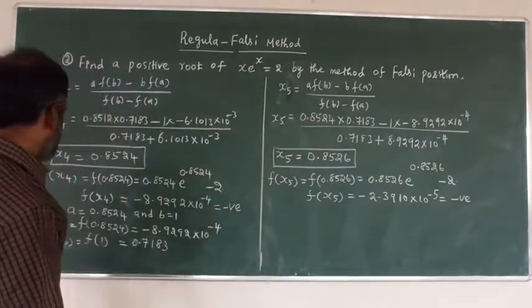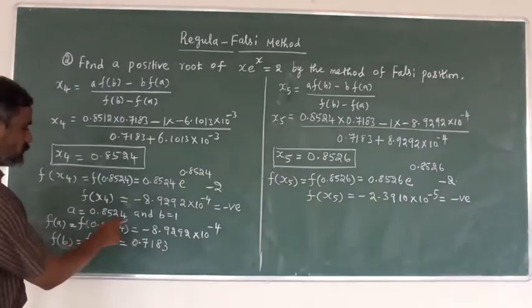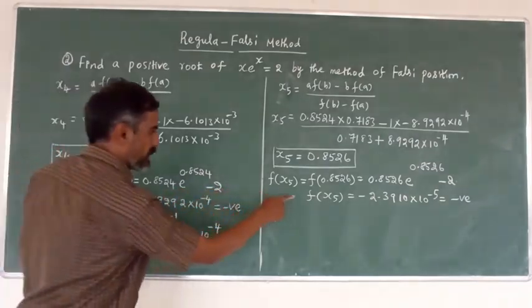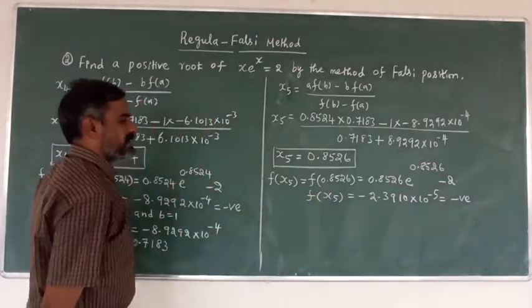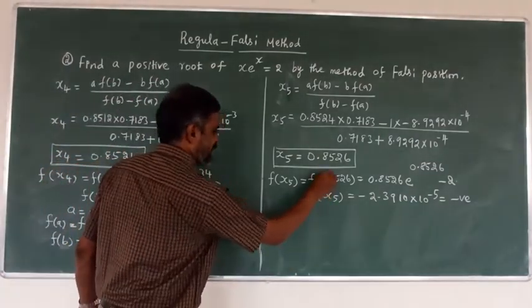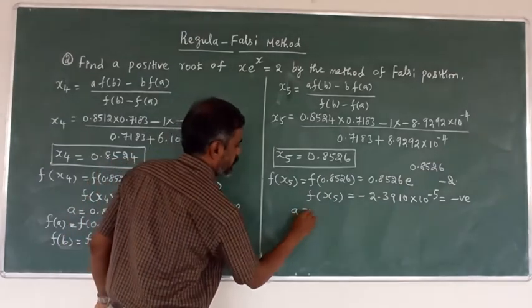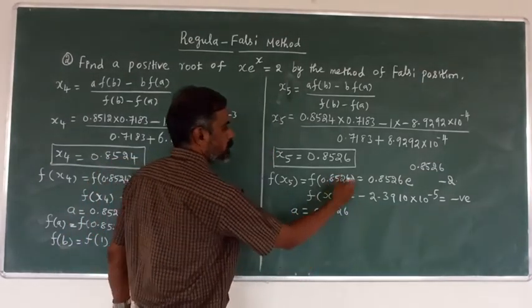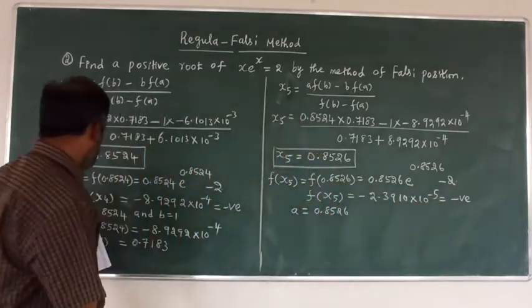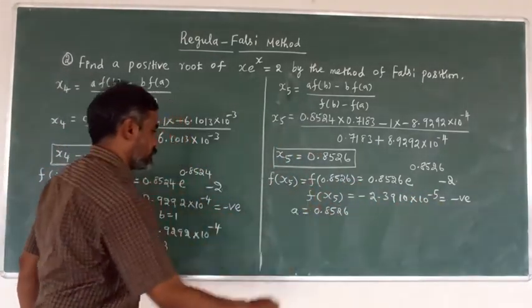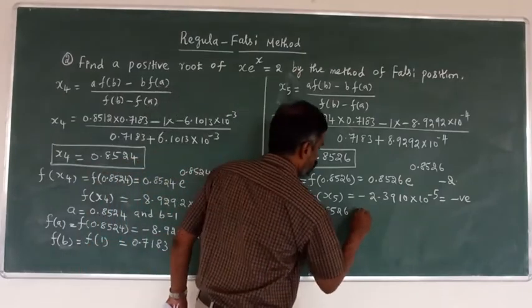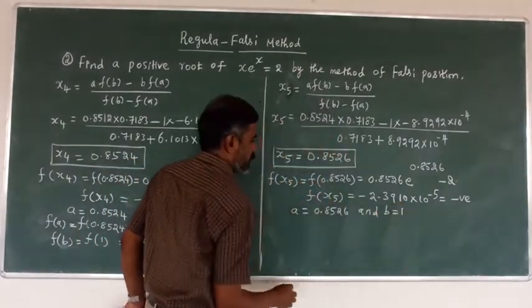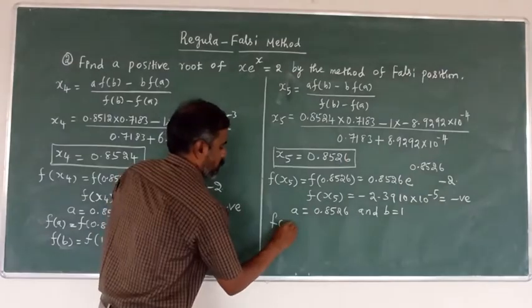Now a value 0.8524, this is for negative. This negative result replaced by f of x5 value, that is x5 value, a 0.8526. This is for negative. This value replaced by this one, and b value 1, b value 1 for positive.